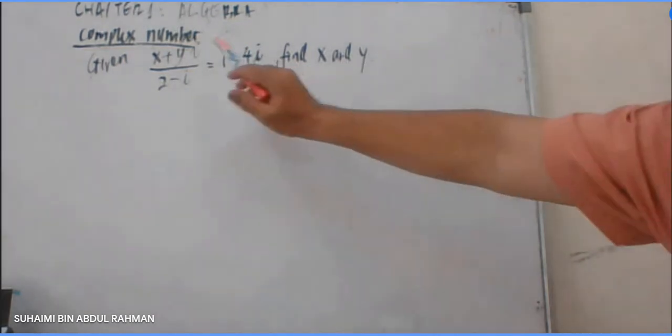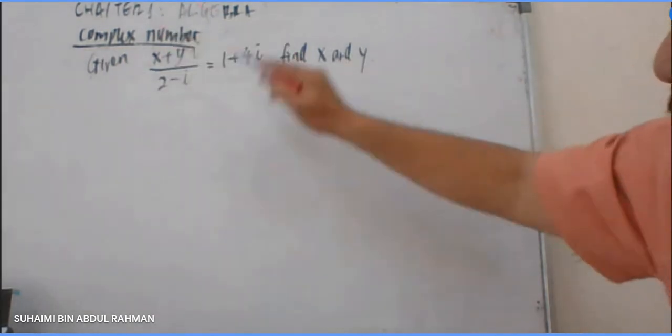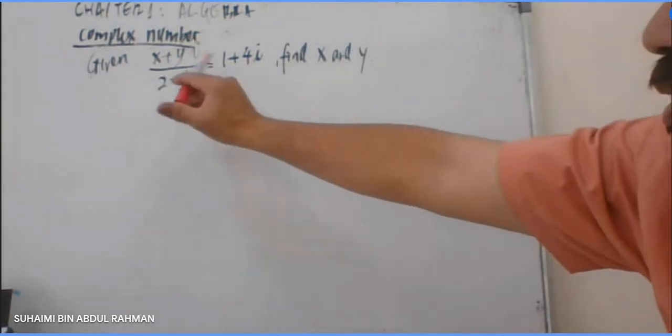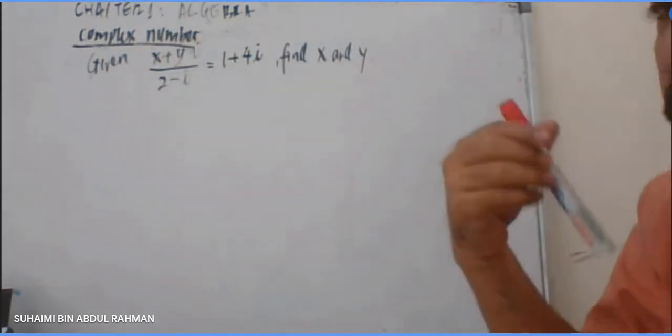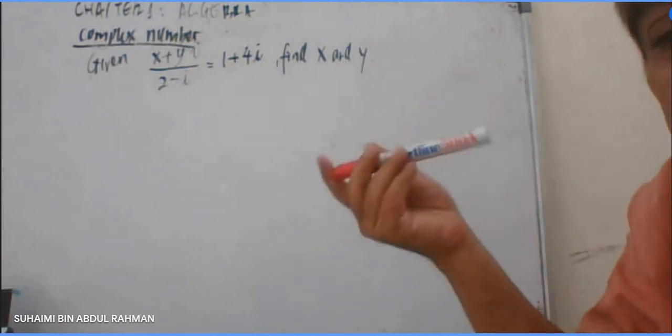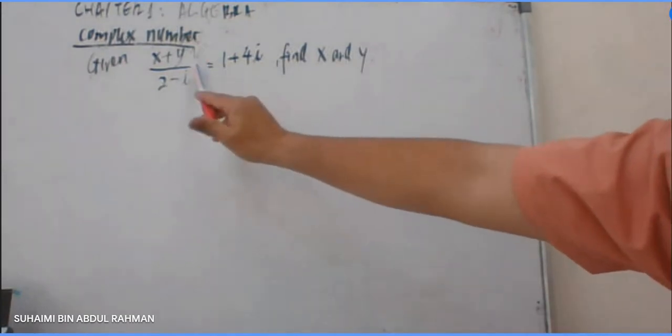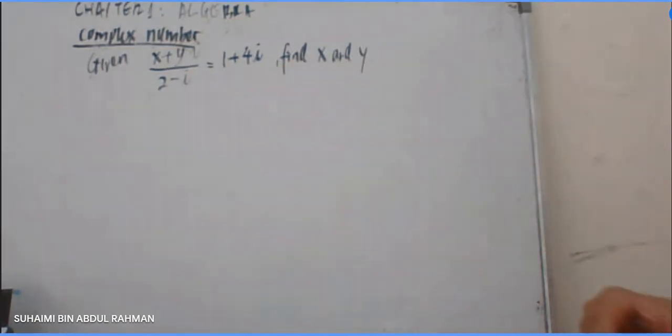So because this is a division of complex numbers, what we have to do is multiply by the conjugate of the denominator of our complex number.